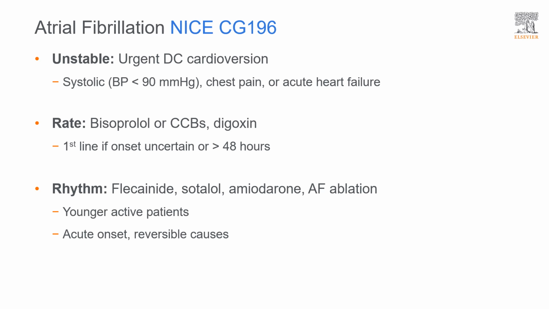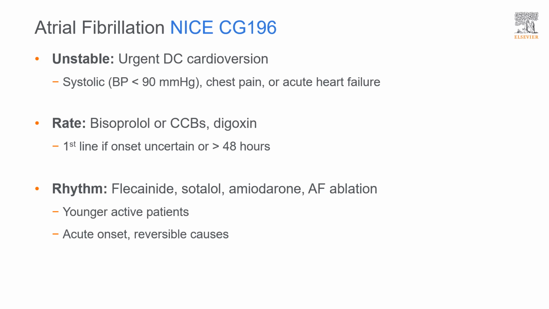And it's important to note, as we discussed before, that CCBs should be avoided in patients with heart failure due to the negative inotropic effect. Now, digoxin can be recommended as a second-line option for sedentary or frail patients, so high clinical frailty scores, limited mobility, residing in care homes, or if they've got contraindications to first-line therapies, such as significant asthma, which preclude the use of the beta blockers.